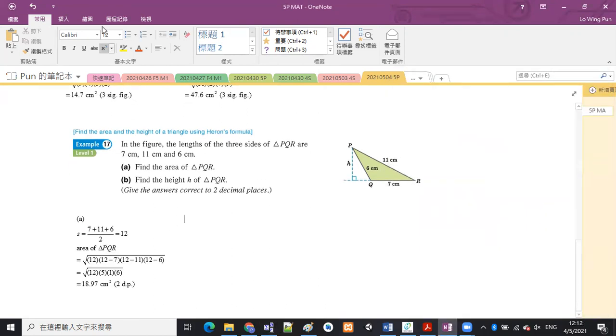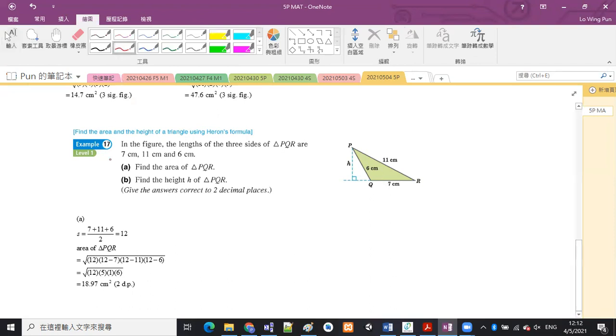Part B. So can you please put a star here? This technique is very, very popular in the exam. We are going to find the height h of triangle PQR. This is the height corresponding to which base of the triangle?